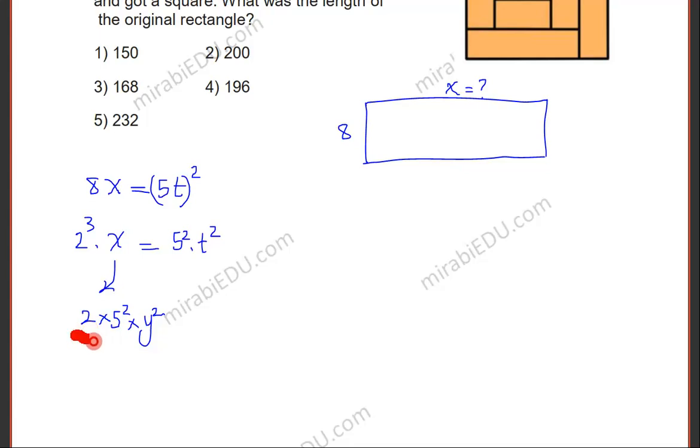Those multiples of 50 which are 50 times a perfect square. So the only choice is 200 here, because 50 times 3 is not acceptable. We said 50 times a perfect square. 50 times 4 is acceptable. And the other choices are definitely not correct.